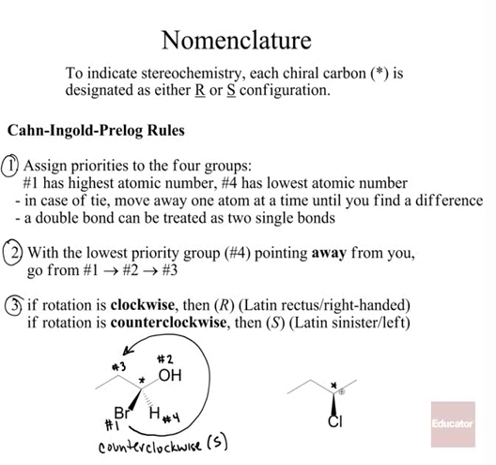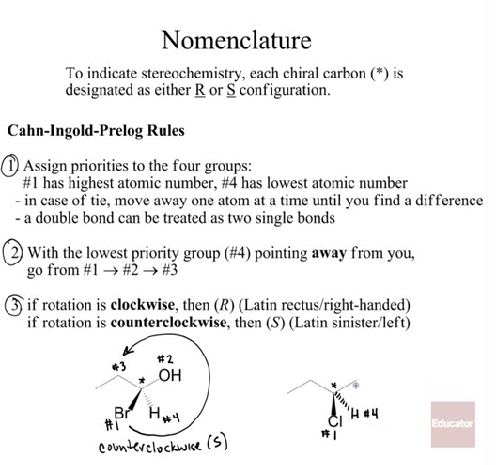Because we have these 2 bonds in the plane and the chlorine is a wedge, there must be a hydrogen right here as a dash. This is where we're really going to have a firm understanding of line drawings and 3-dimensional shapes. So now I see my 4 groups. We have a hydrogen, chlorine, carbon, carbon. That allows me to rank chlorine as number 1 and hydrogen as number 4.